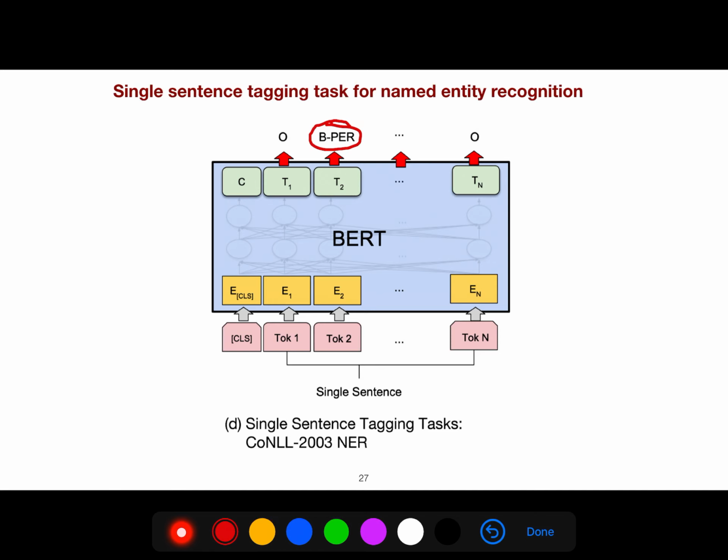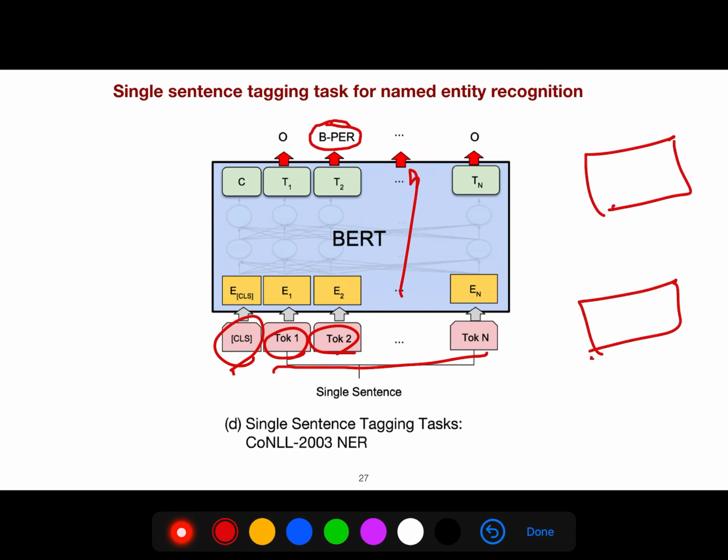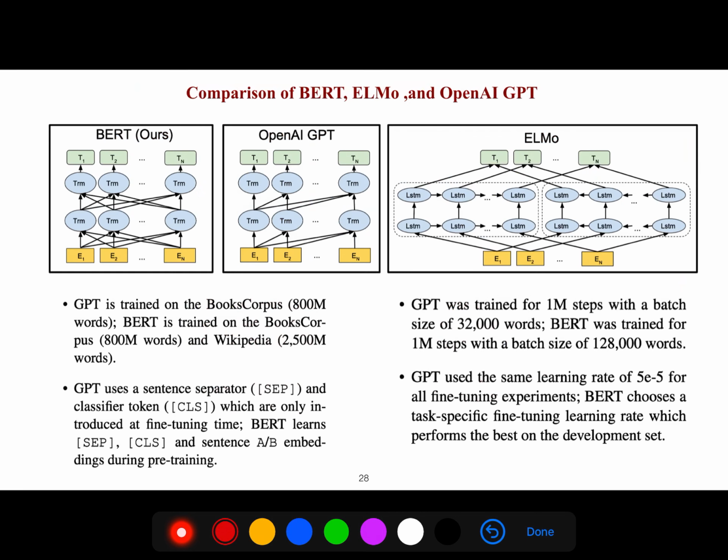There is no conflict between them, but some people argue that we don't need conditional random field for tagging because BERT can already do that, but I don't agree. So the first token is CLS and then token 1, token 2. It's a single sentence, and for each token there is the named entity recognition. Or even if you're doing part of speech tagging or any kind of tagging, you can train this and take advantage of it.